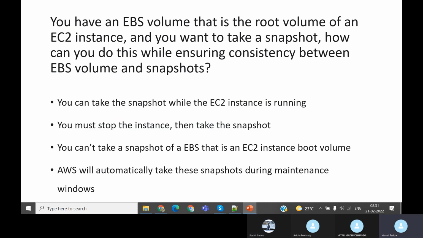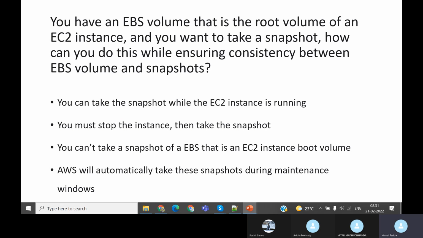Next is you have an EBS volume, that is the root volume of an EC2 instance, and you want to take a snapshot. How can you do this while ensuring consistency between EBS volume and snapshot? So the question is you are going to take a snapshot of your root volume, not an additional volume, and their requirement is consistency between your EBS volumes and snapshots.